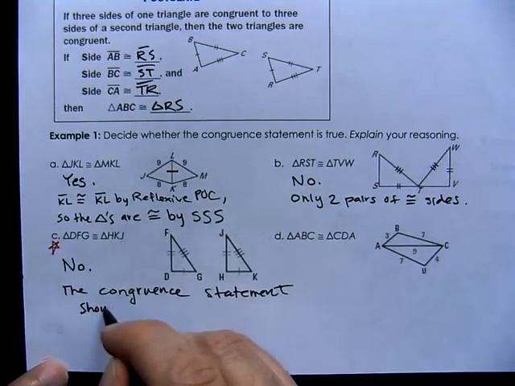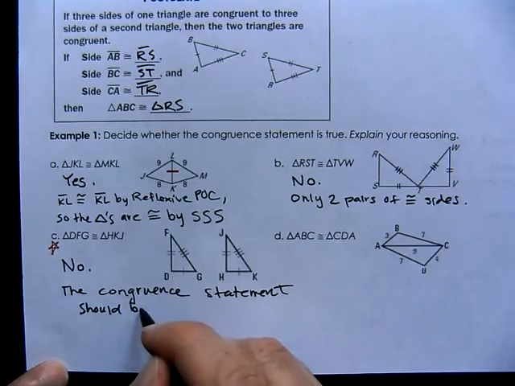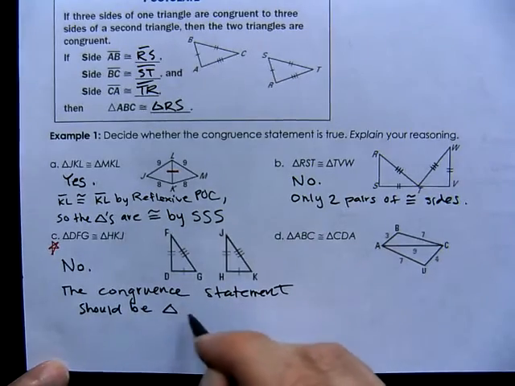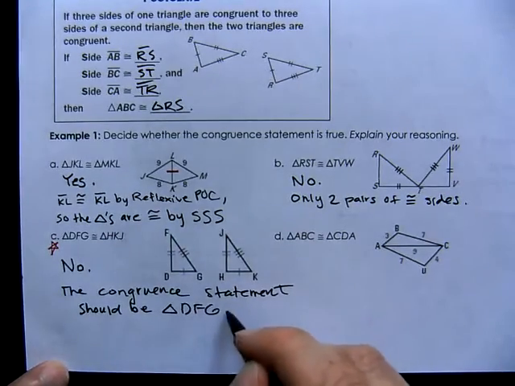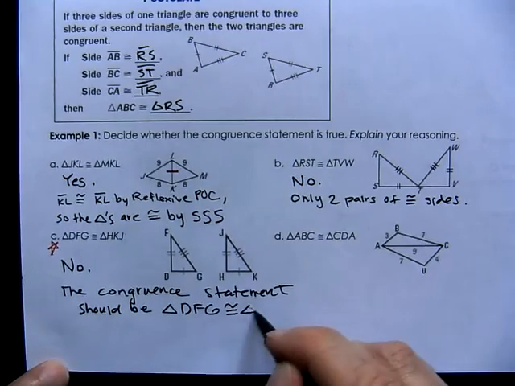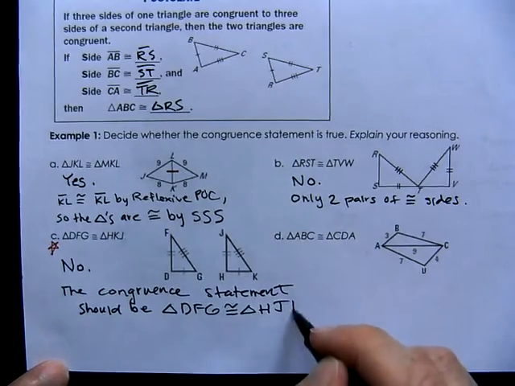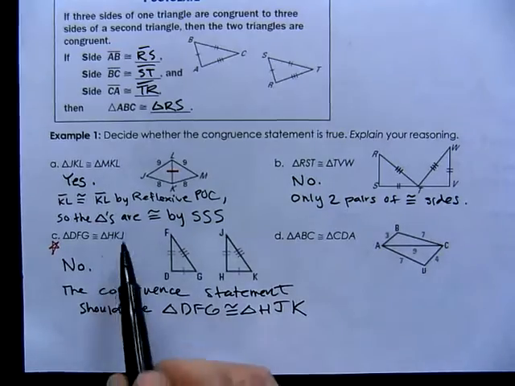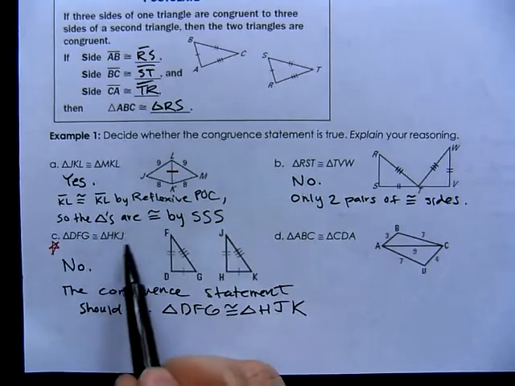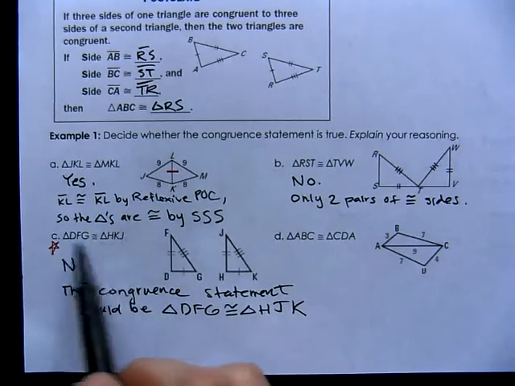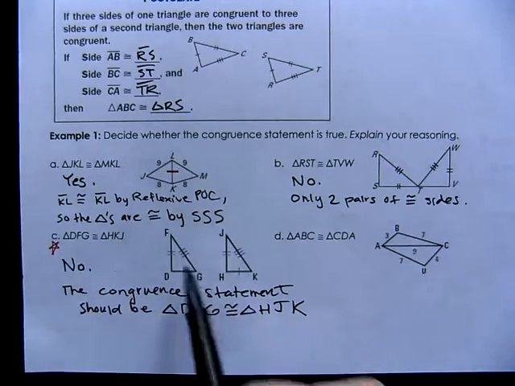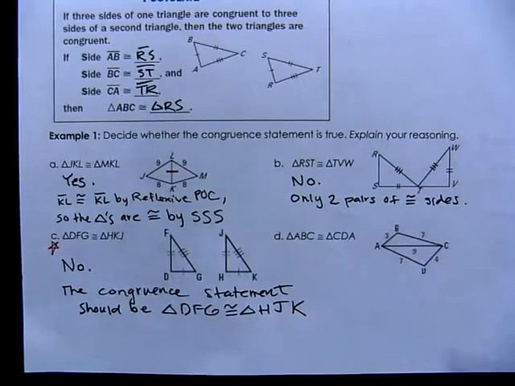If I were to write it correctly, I would instead say triangle DFG is congruent with triangle HJK. They got the order of the letters mixed up. So the statement is false, even though the diagram looks valid.